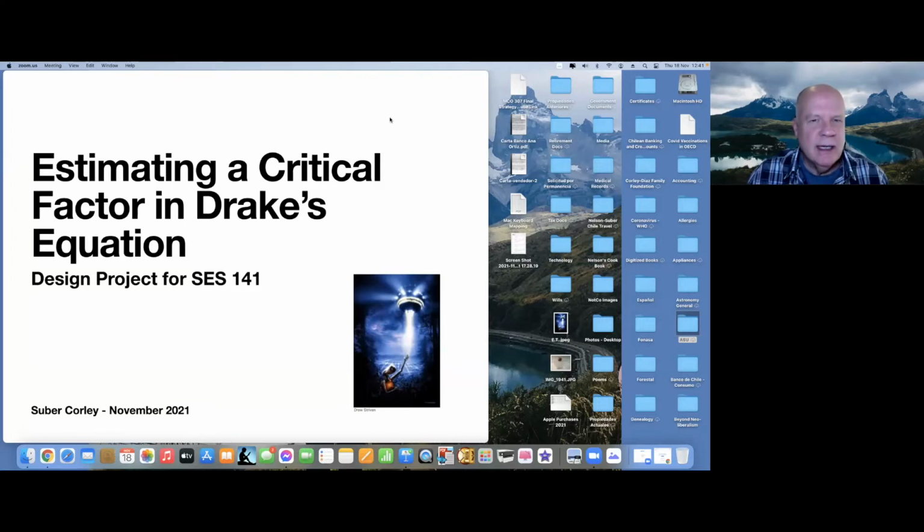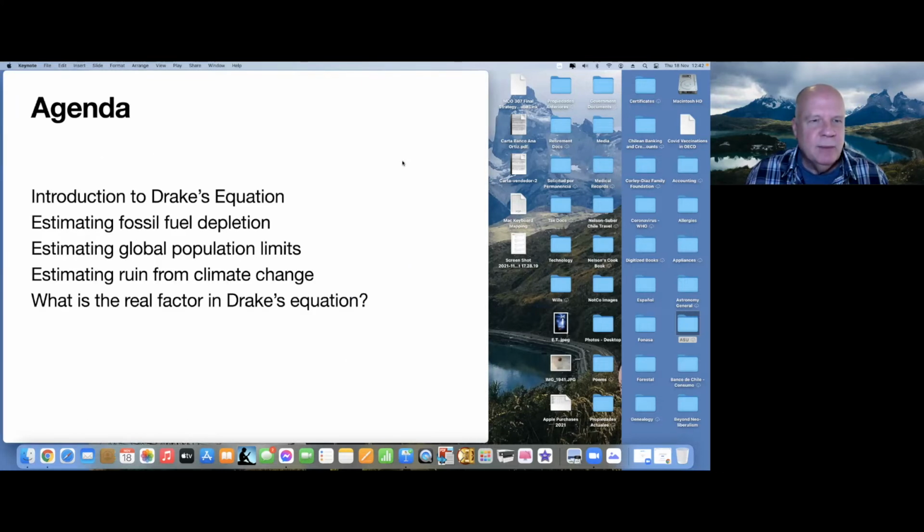But I wanted to take advantage of the class and the sharing of information on how to estimate in that class as a project in an area that I'm very much interested in, and it has to do with Drake's equation. So let me explain a little bit about what I want to do this morning.